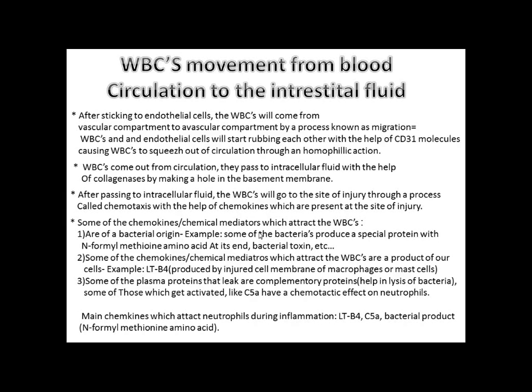Some chemokines, or chemical mediators which attract the white blood cells, are a product of our cells. For example, leukotriene B4, released by mast cells upon irritation, and it can also be released due to an injury to the cell membrane of a macrophage. And some of the plasma proteins that leak out are complement proteins which help in the lysis of the bacteria, and after getting activated, some molecules will dissociate from them, like C5a, and they have a chemotactic effect on the neutrophils.